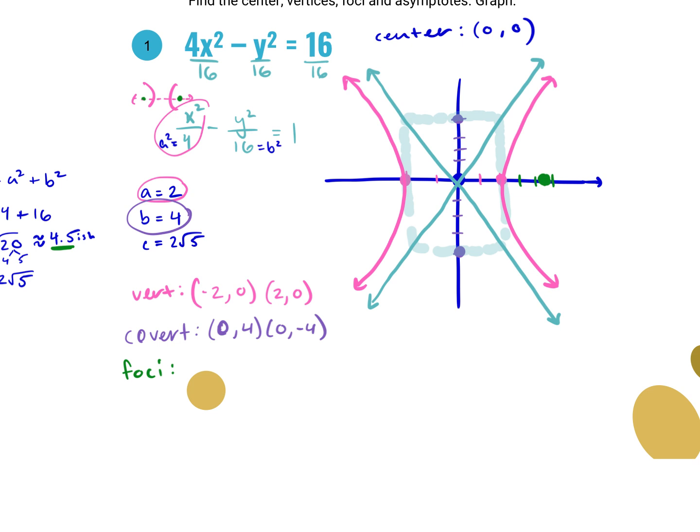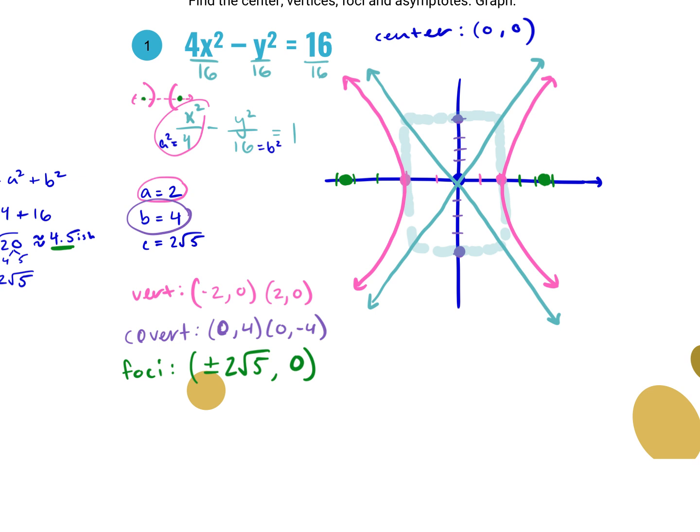And to the left, 4.5-ish. So there's our foci. So our foci would be plus or minus 2 square root 5, 0. Because it moved on the x, so we add and subtract that to the x.